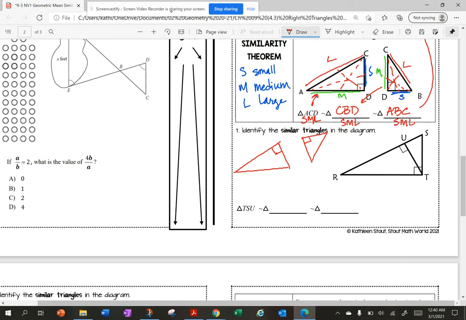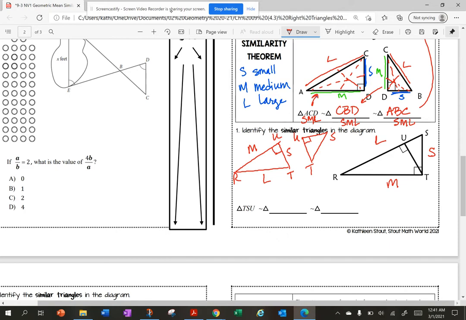So this is R, T, U. So U, T, S. Okay, and I'm going to mark these sides. So this is the small side, medium side. Hypotenuse is always the large side.